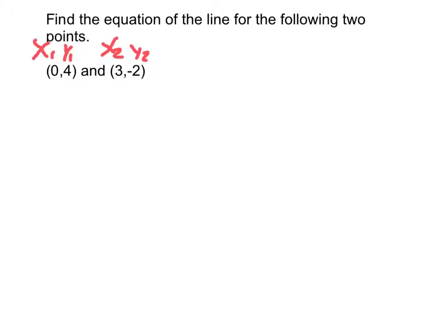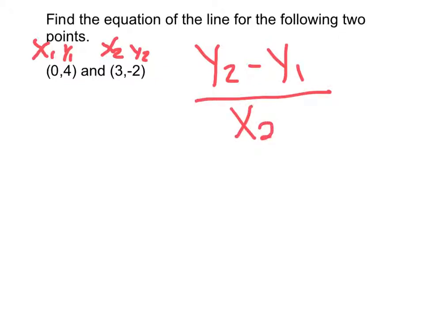And we're going to use our slope formula. So remember, we did this the other day. y2 minus y1 over x2 minus x1. Okay, so this is going to be negative 2 minus 4 for our top. On bottom, we're going to have to subtract the x's.